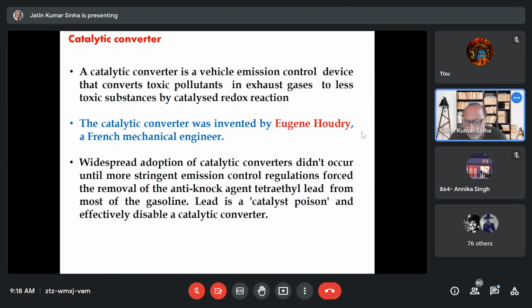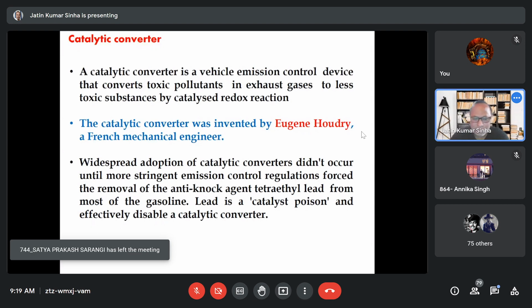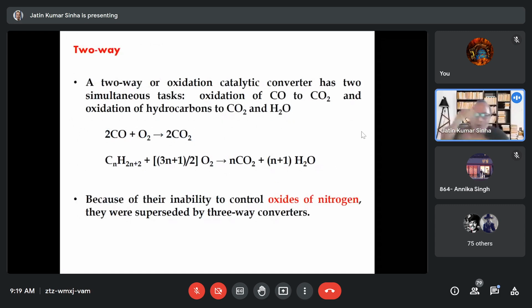That is covered in your chemistry course, how different types of catalysts work. Poison catalysts get absorbed on the surface of the catalyst and decrease the lifespan as well as the catalytic activity of the catalyst. In this category, the first one is the two-way catalytic converter.